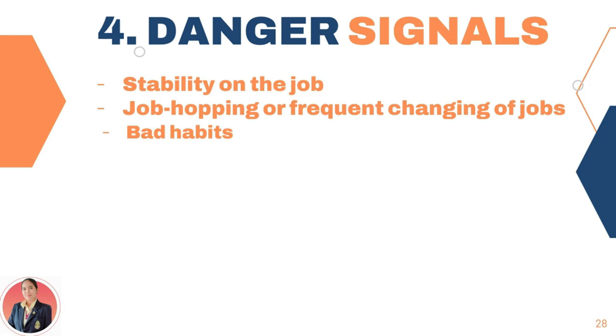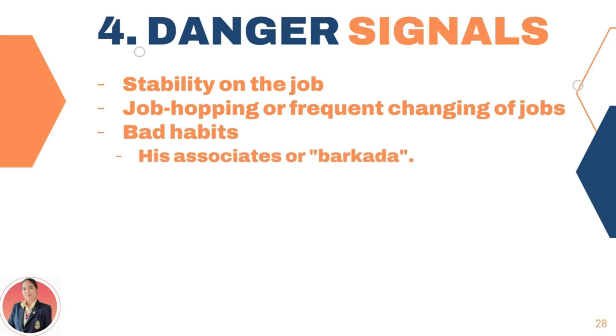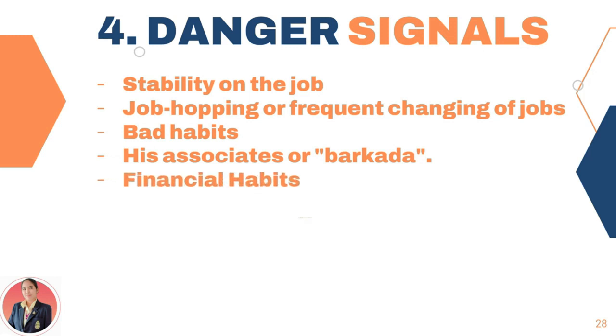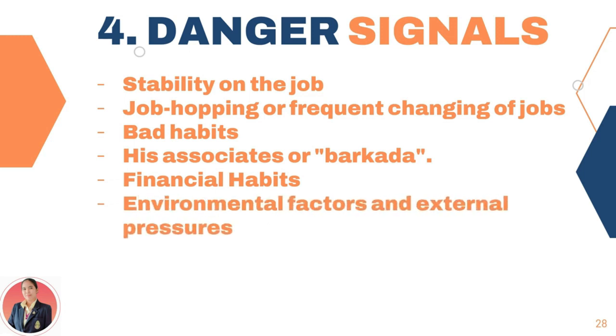Bad habits. Does he gamble or drink liquor excessively? His associates or barkada, what kind of people does he go with? Financial habits. Does he live beyond his means or financial capability? Does he often get into indebtedness? Environmental factors and external pressures such as family or personal problems, relationship with other women, or in-laws and other domestic problems.